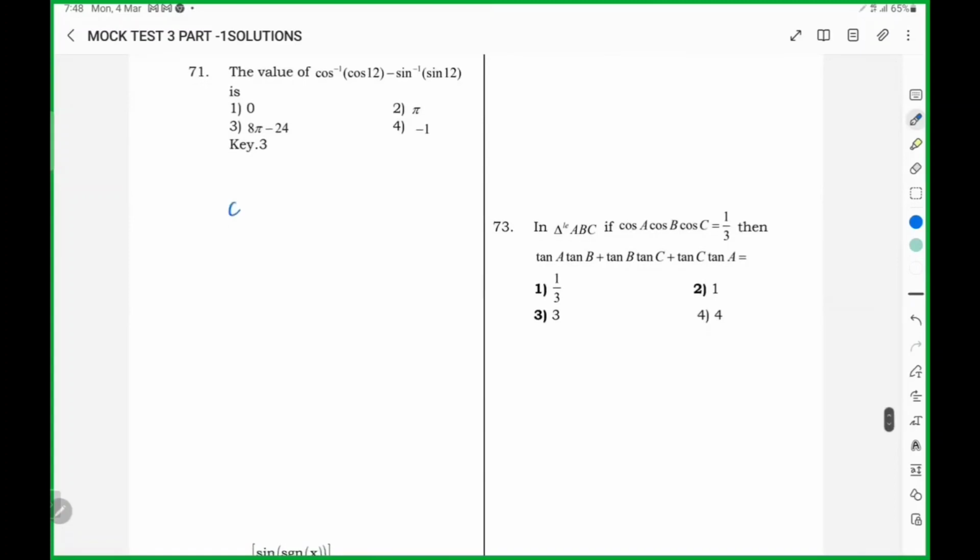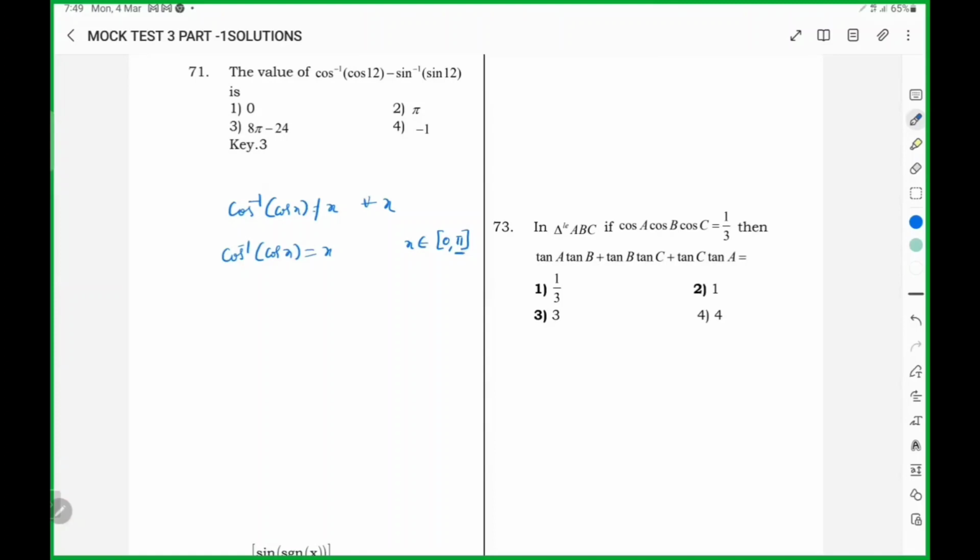Here cos inverse of cos x is not x for all x. Within its bijective limits it will be x, that is, x must lie between 0 and pi. Only in that region it is bijective.